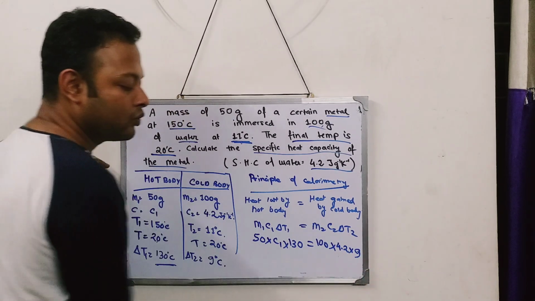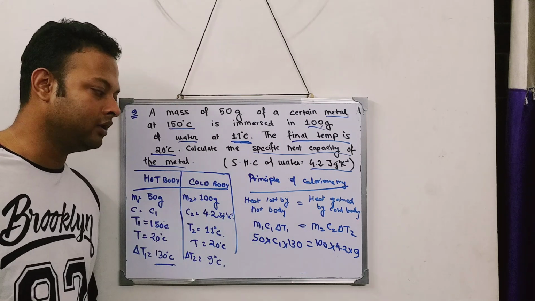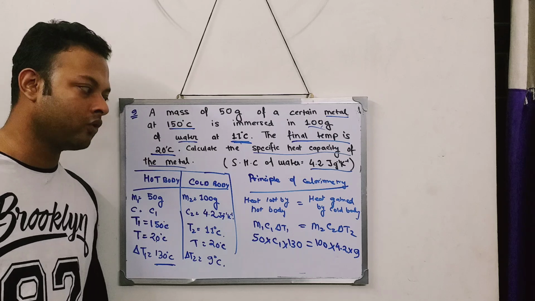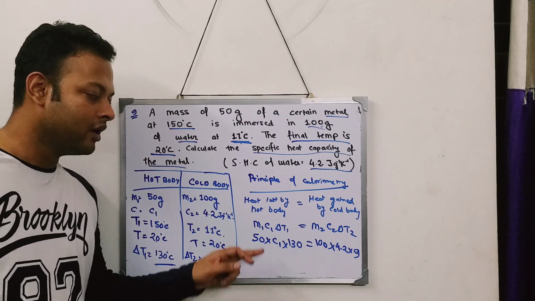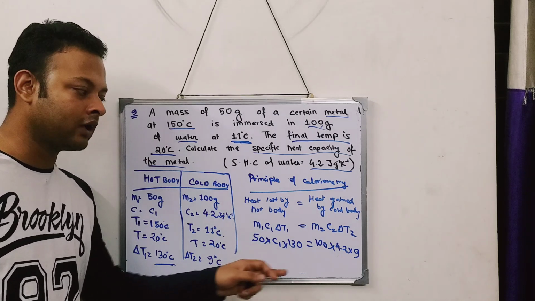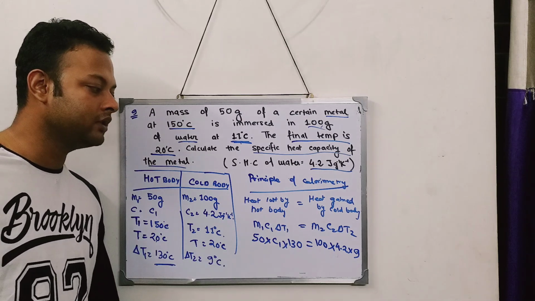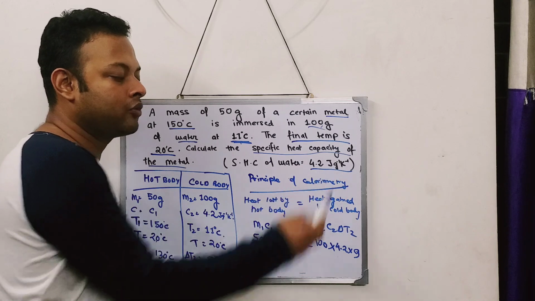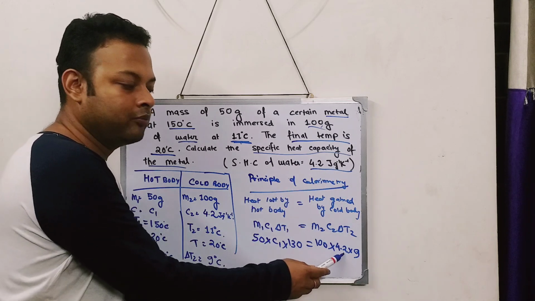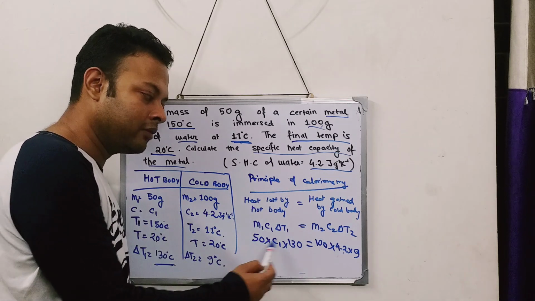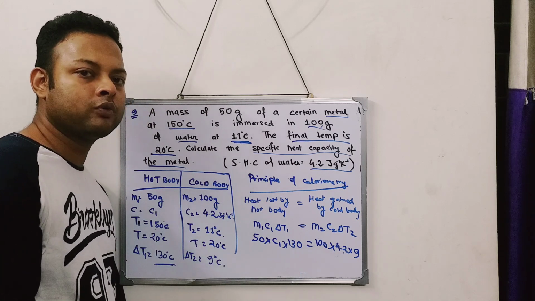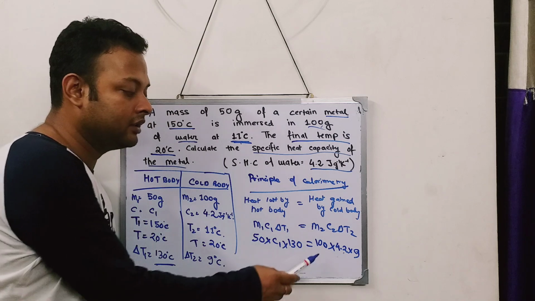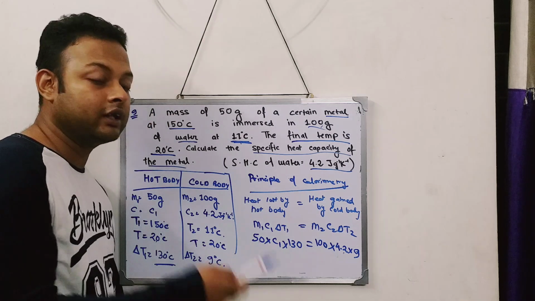Now a question can come in your mind: shouldn't we convert this gram into kg? No, over here you don't need to convert 50 gram into kg or 100 gram into kg, because firstly your specific heat capacity is given in gram only. So if this is given in gram, then the mass is also given in gram. If this were given in kg and this in gram, then I would need to convert.